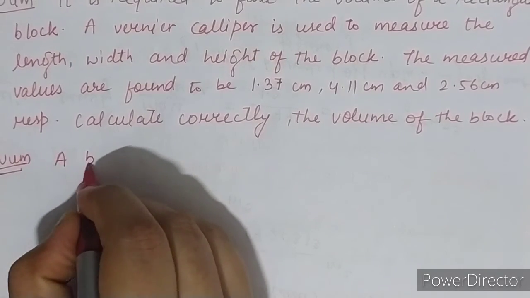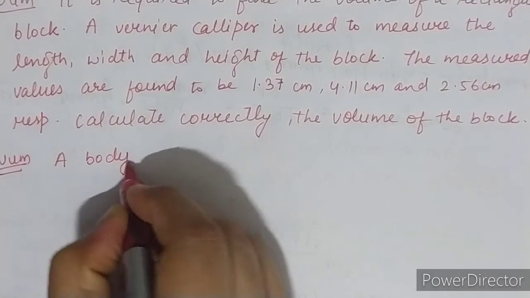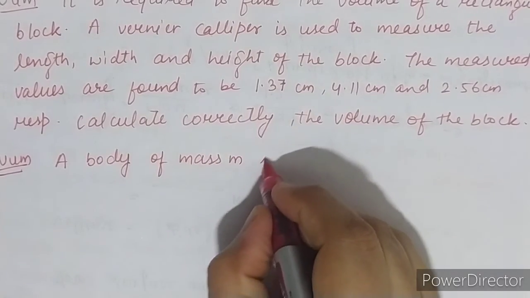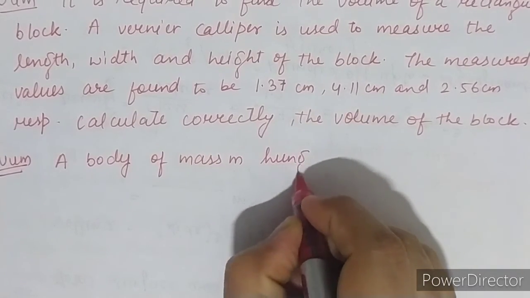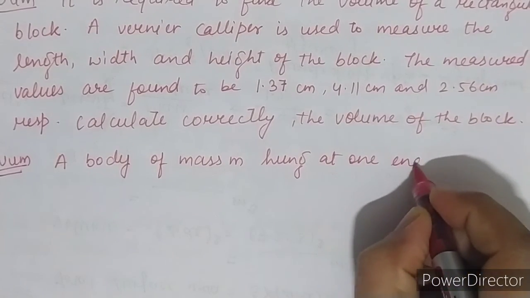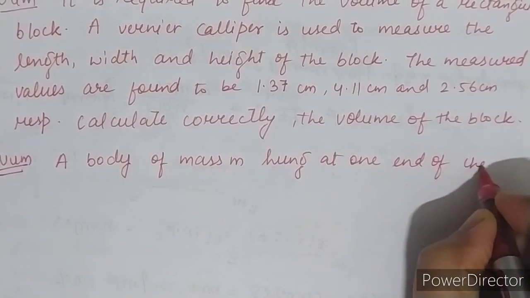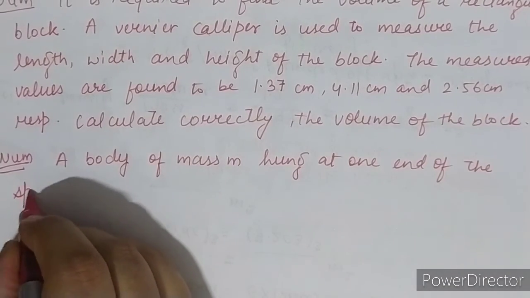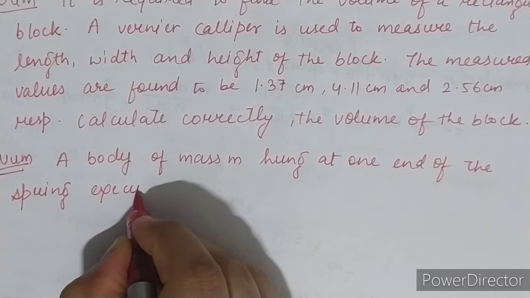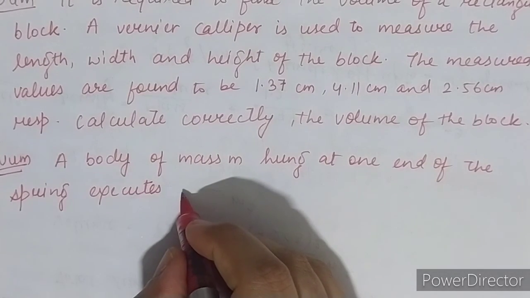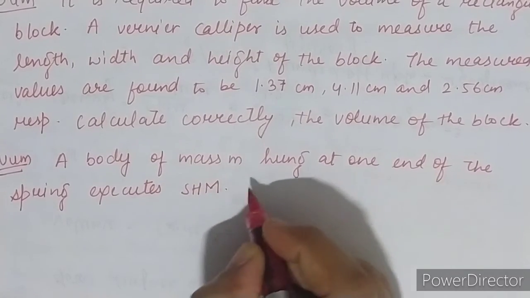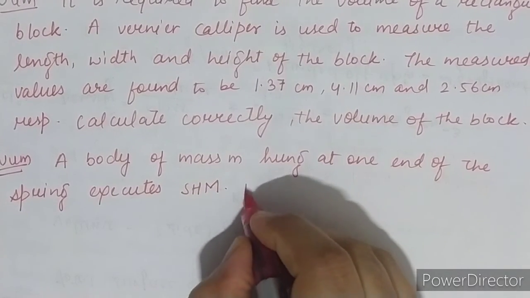Okay, now moving toward our next question, and the next question is a body of mass m hanging at one end of a spring executes SHM. SHM is simple harmonic motion, means it's oscillating.